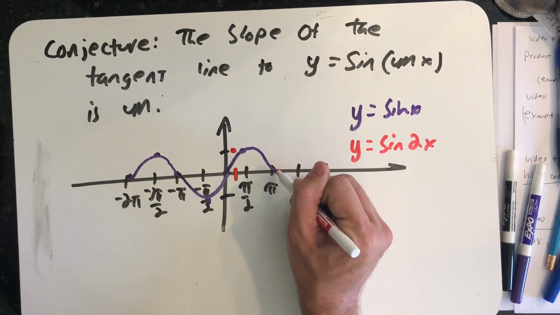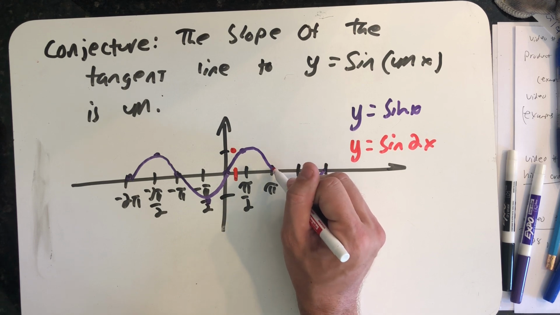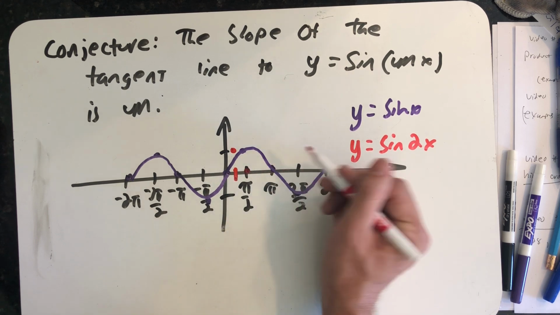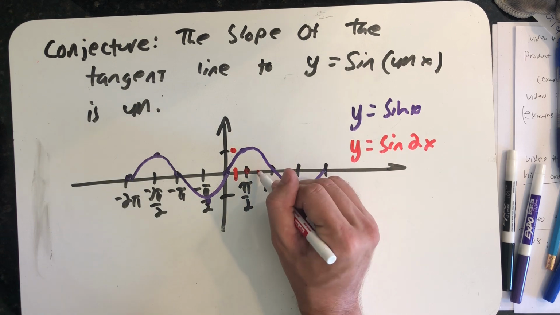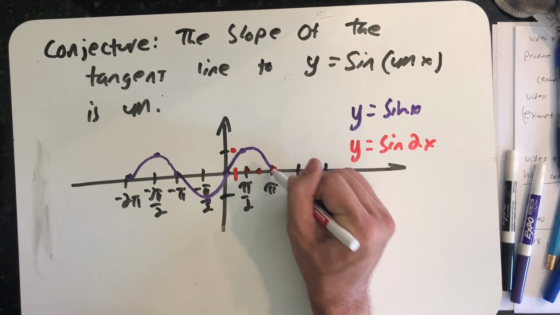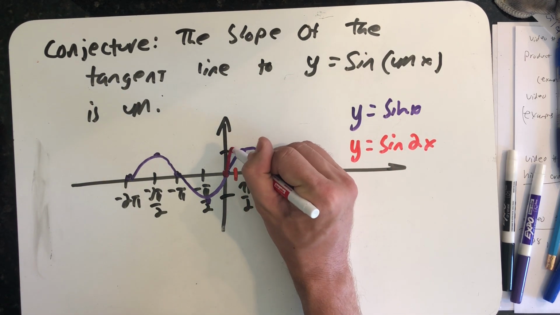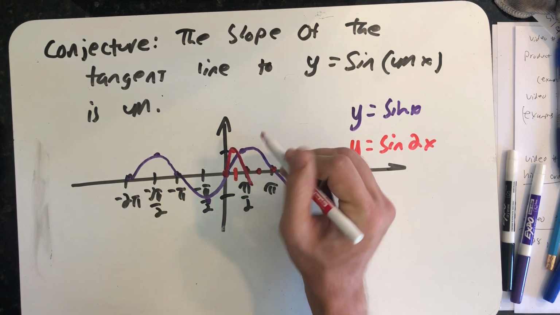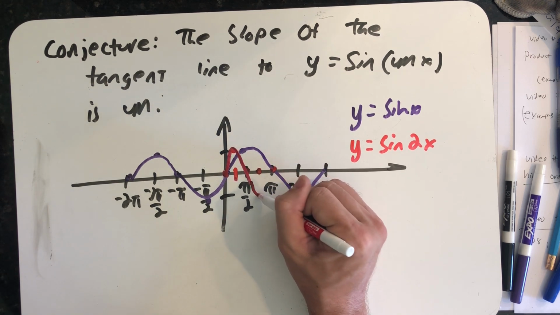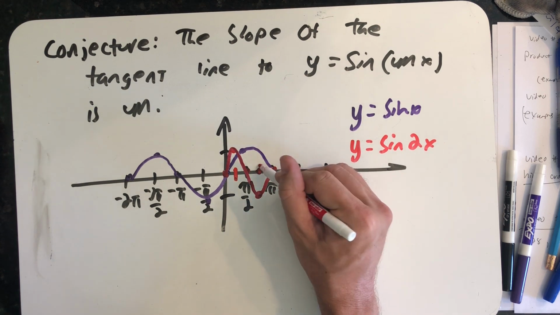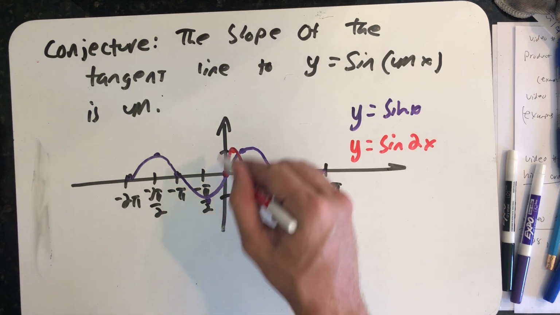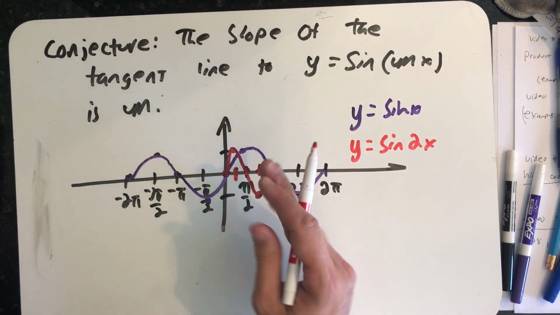And I just need to keep squishing. This point that's at pi would be at pi halves, from 3 pi halves to 3 pi quarters, and from 2 pi to 1 pi. All right, and there are my 5 key points of the sine wave compressed.